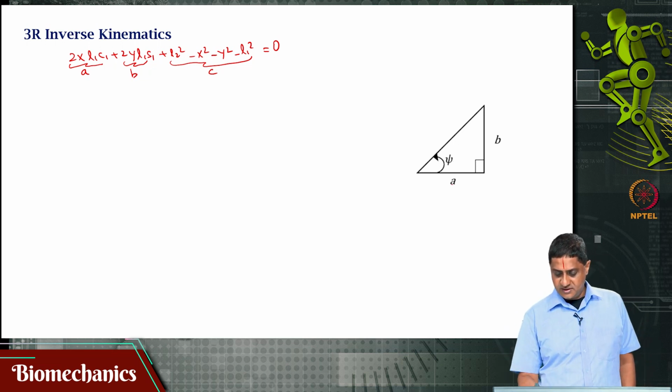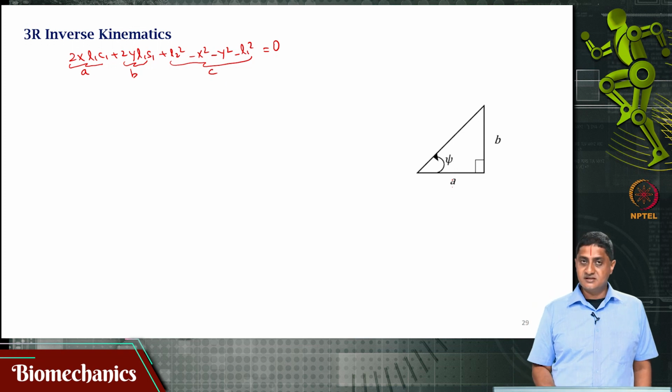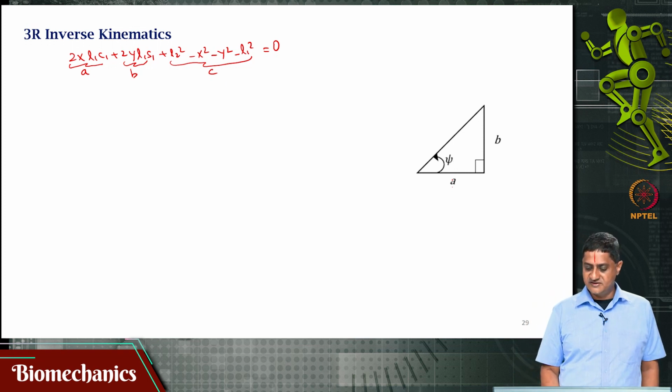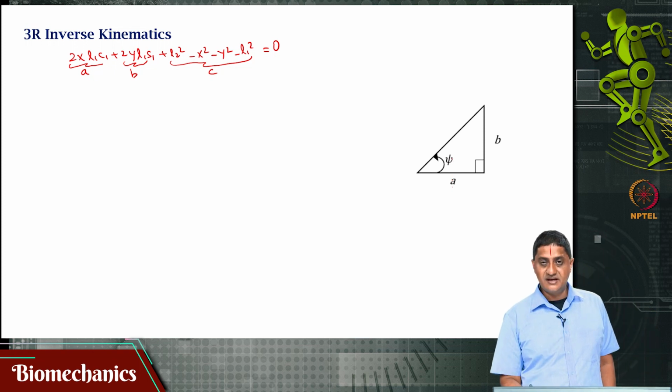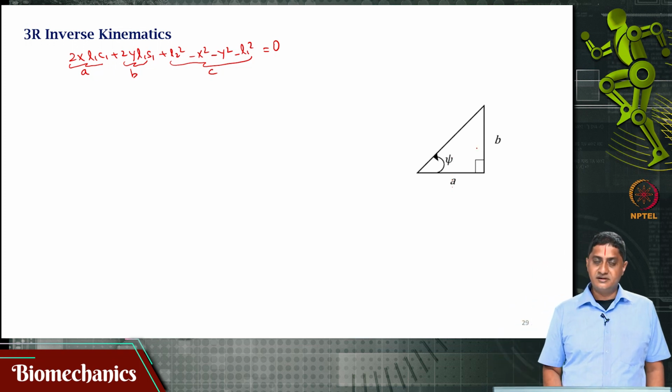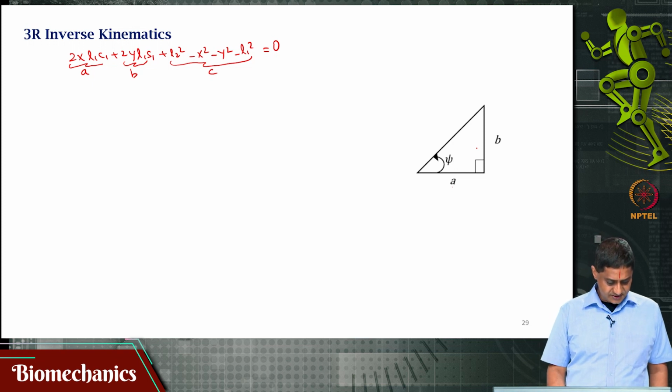Now, consider this right triangle with sides a and b, with psi as the angle, and the angle between sides a and b is 90 degrees. Consider this right triangle as shown.